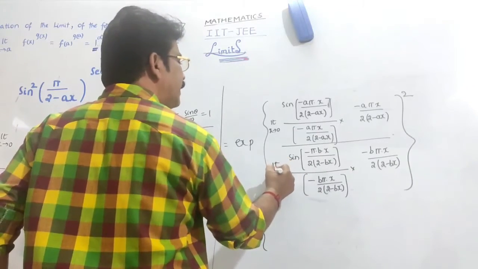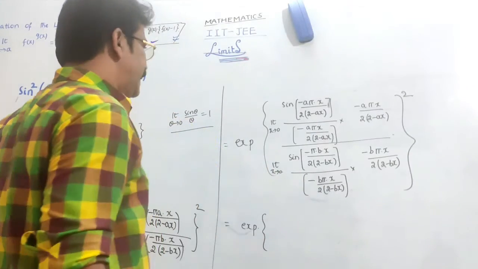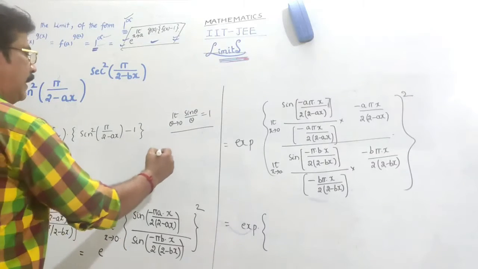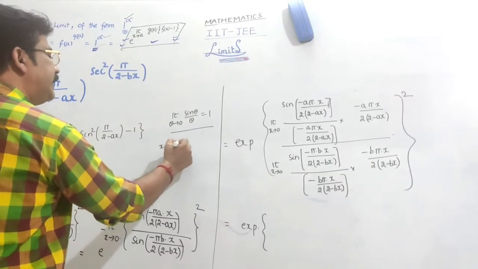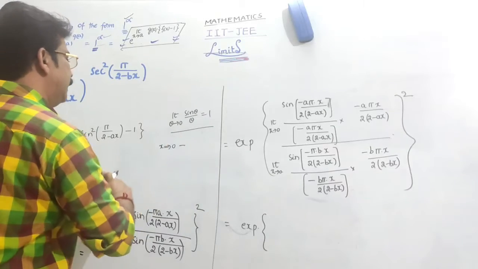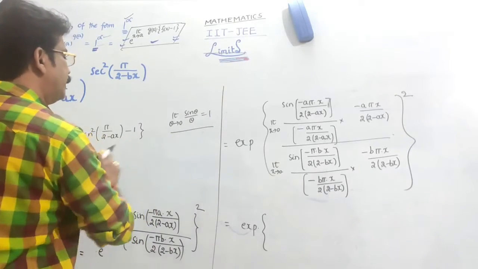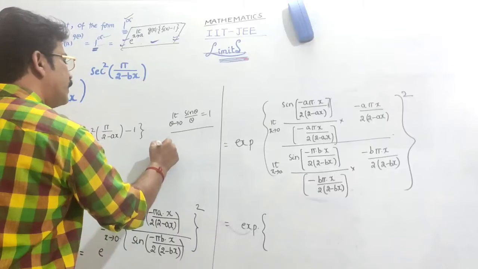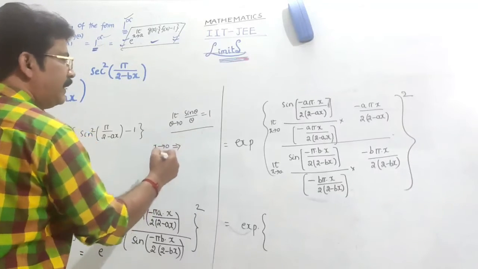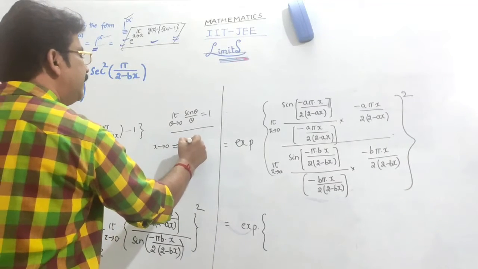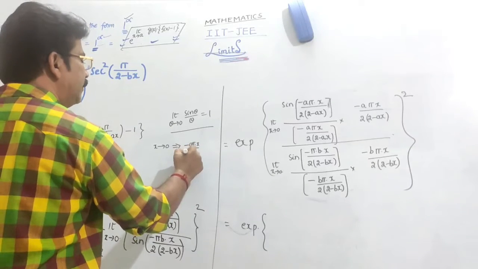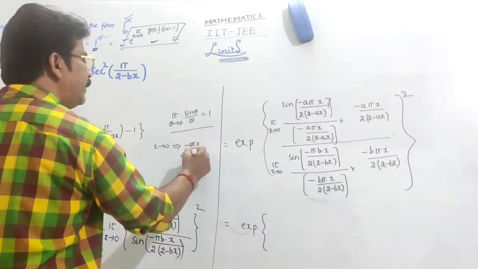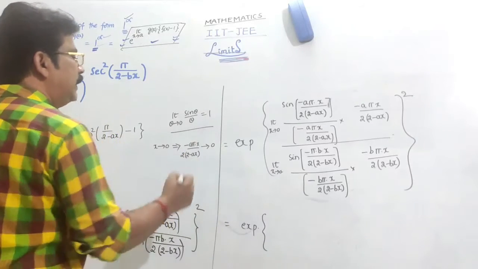Here also limit x tends to 0. I am telling that as x tends to 0, it is equivalent to saying that minus a pi into x divided by something finite value also tends to 0.